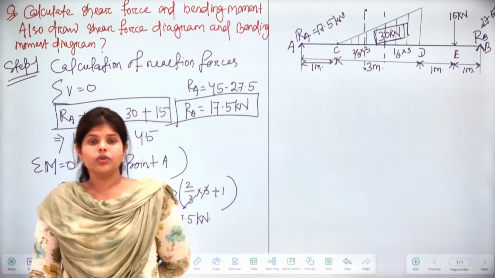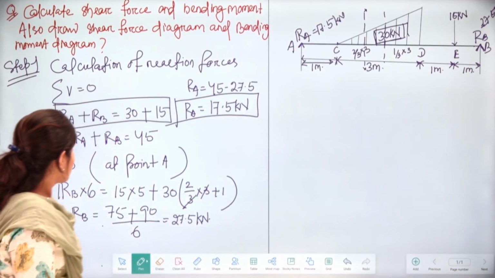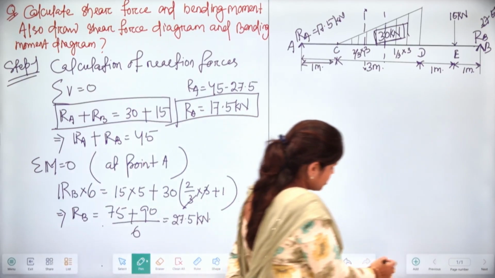Now our work is to find out the shear forces. So let's go for the calculation of shear force.